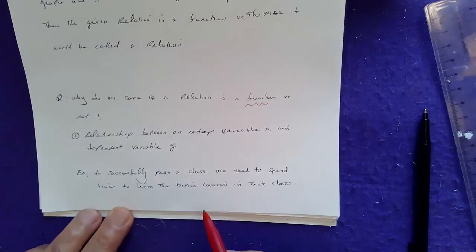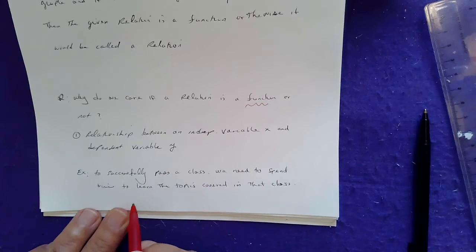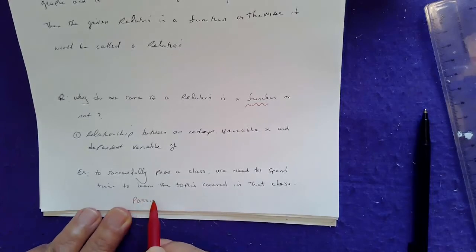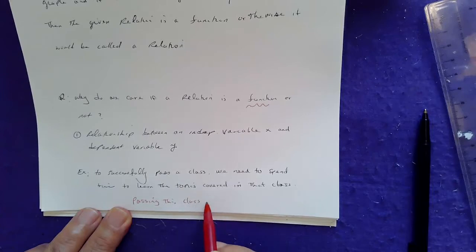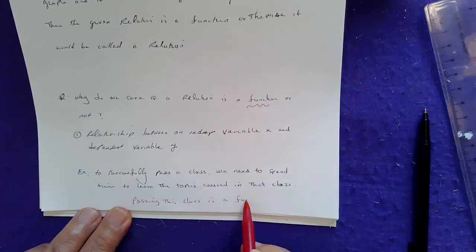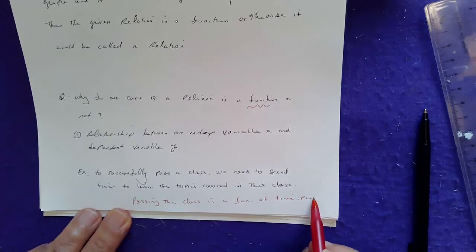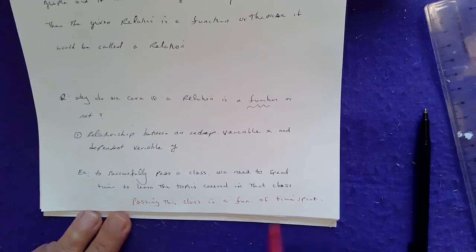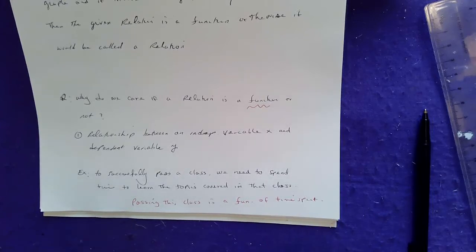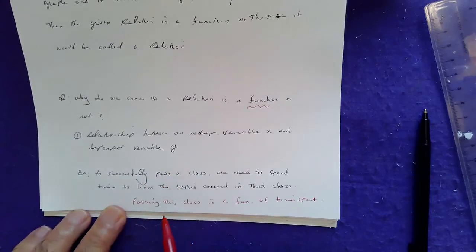So we can tell passing this class, or any class, is a function of time spent, right? Basically, we are required to come up with a relationship between an independent variable and a dependent one.